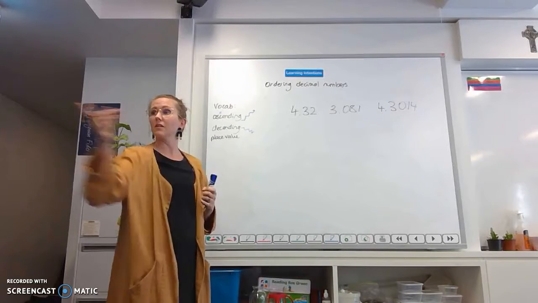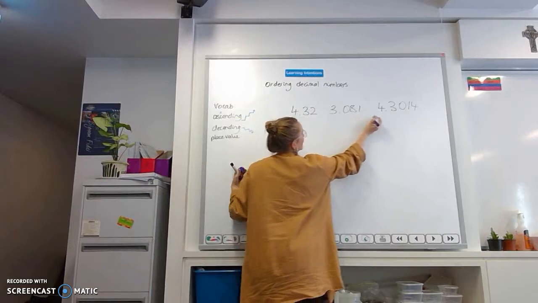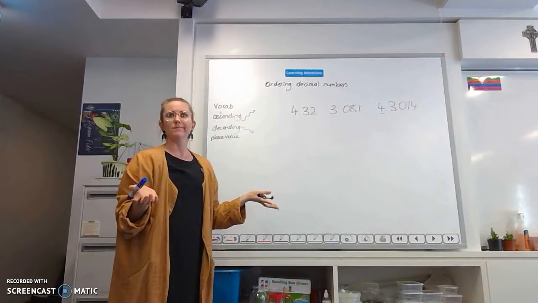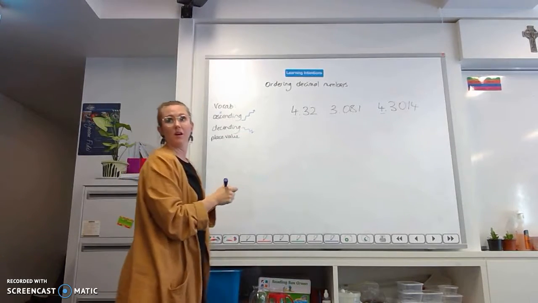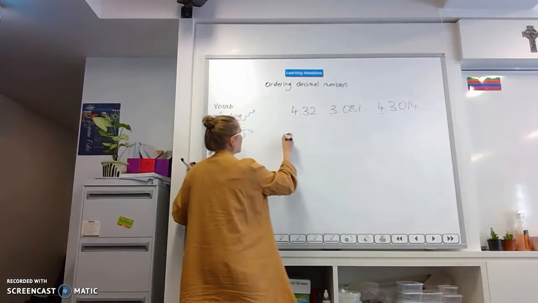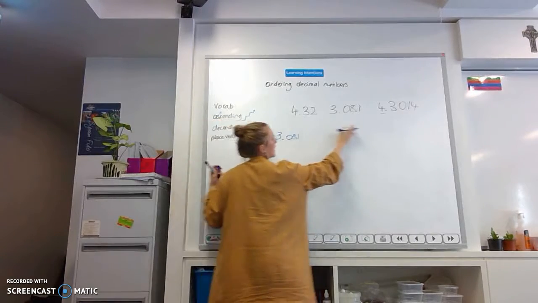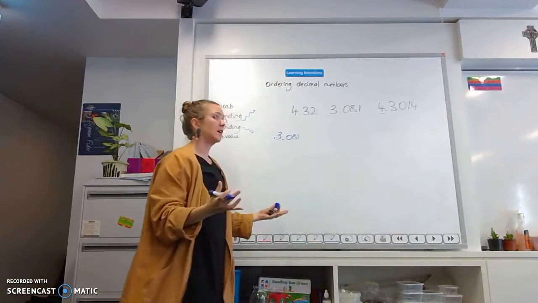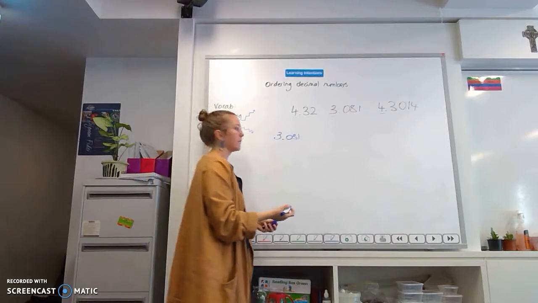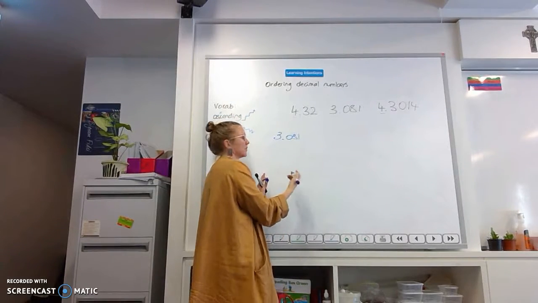The ones. Which of the 3 numbers would go first? Right, 3.081, because this is a 4, that's a 4, and that's a 3. There is nothing smaller than a 3, so that is the smallest number. We're putting them in ascending order, so the first one is the smallest.